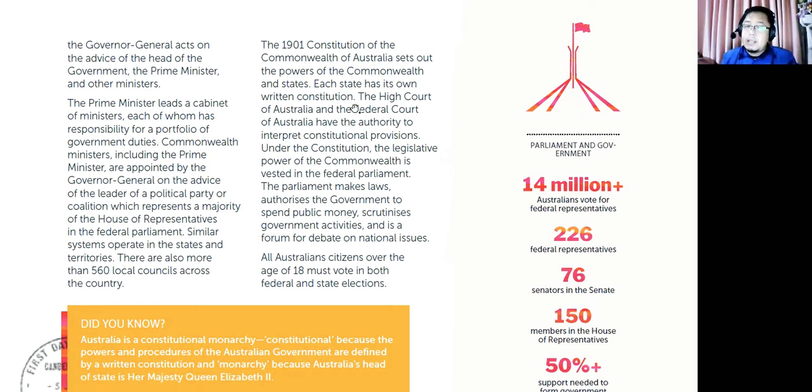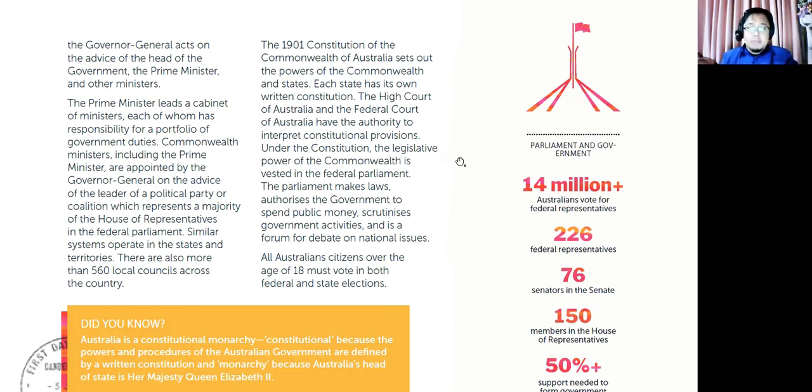Apa saja state-nya yaitu Western Australia, Northern Territory, kemudian New South Wales, Queensland, and the last one is South Australia. The High Court of Australia, jadi High Court of Australia ini maksudnya sidang tertinggi Australia dan juga Federal Court of Australia memiliki otoritas untuk menginterpretasi atau memaknai provisions, aturan-aturan atau batasan-batasan dari konstitusi.